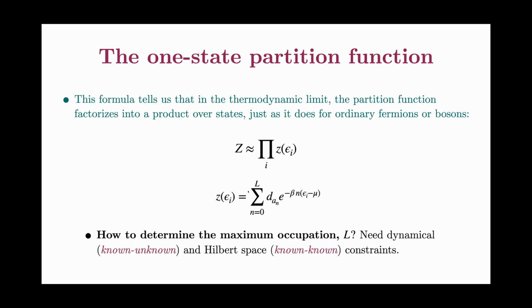In other words, I haven't actually used directly the information that my microscopic particles are bosons or fermions. So in order to determine how many terms I need to sum in these little partition functions for each state, I need that piece of information, so that's the Hilbert space, in addition to some dynamical information having to do with which anyon has the smallest gap in my system.